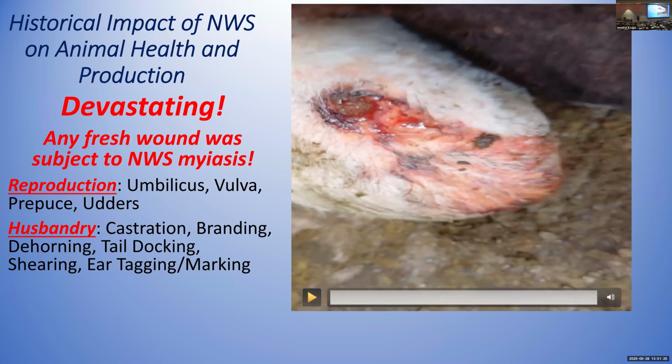Horsefly bites. They talk about in Central and South America the vampire bat bites on cattle being a big traumatic wound that allows the screwworm flies to take hold. Think about a deer shedding its velvet.